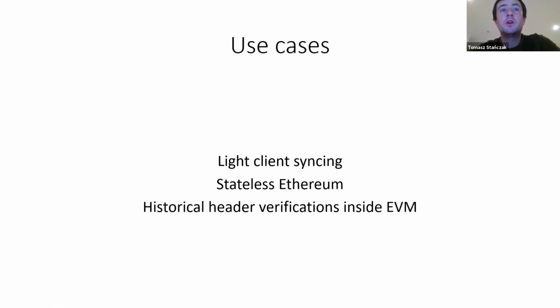What are the use cases? They can be collected from Discord channels, from the Ethereum Magicians and ETH Research. Generally, mostly we'll be talking about light client syncing, and stateless Ethereum. Why?